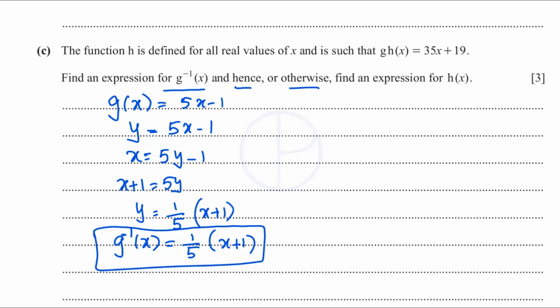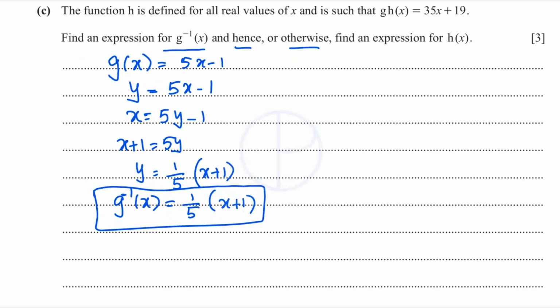Now, hence find an expression for h of x. We will use g inverse of x to find an expression for h of x. It's given gh of x equal to 35x plus 19.